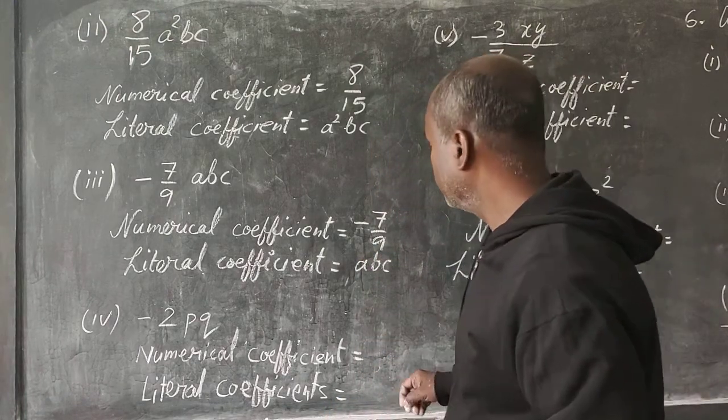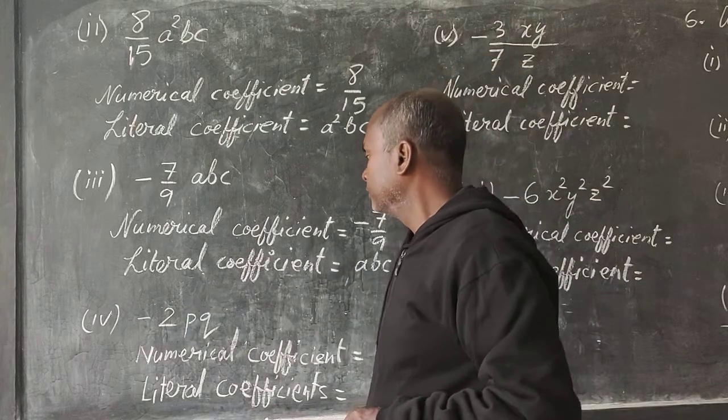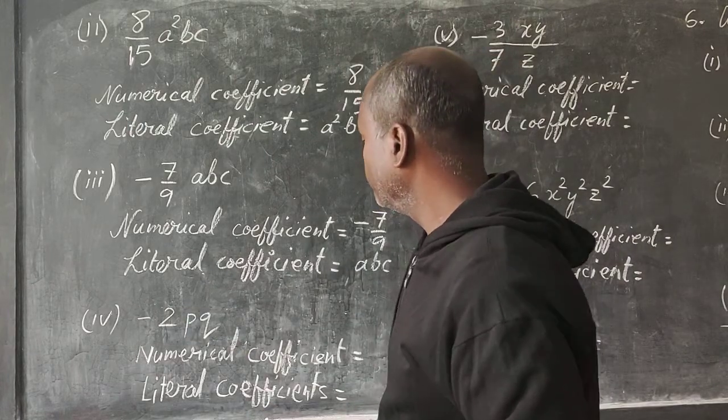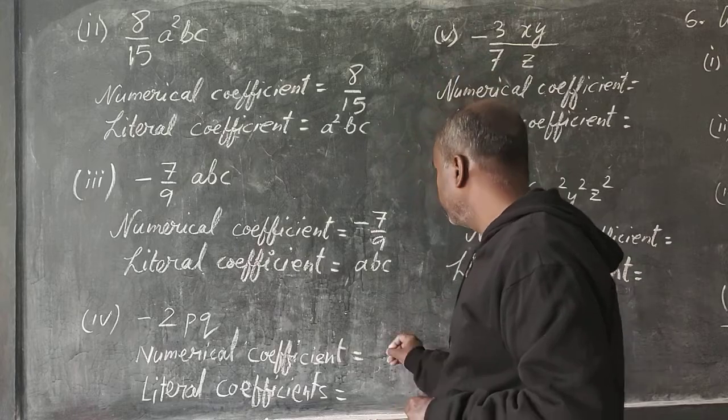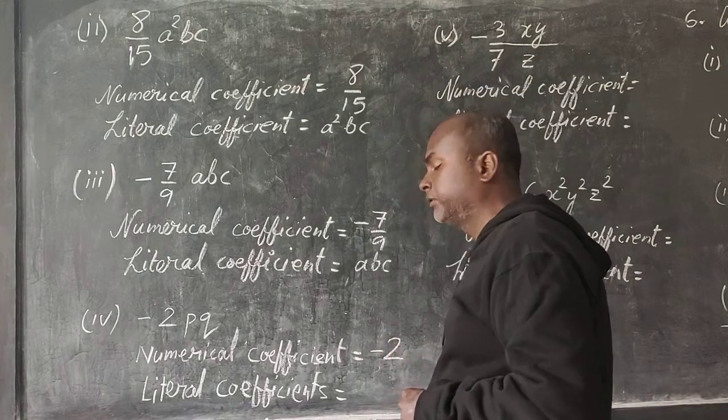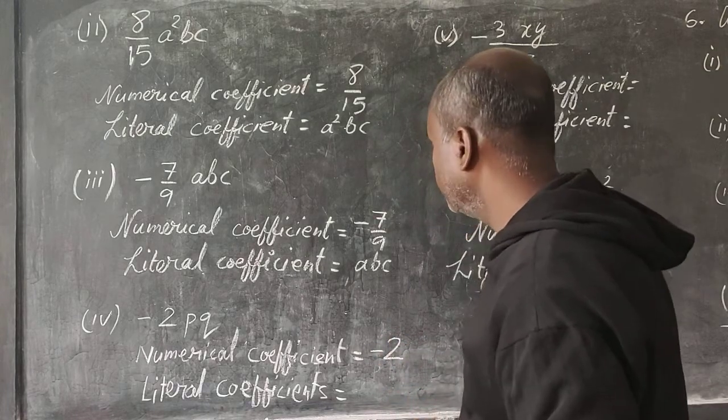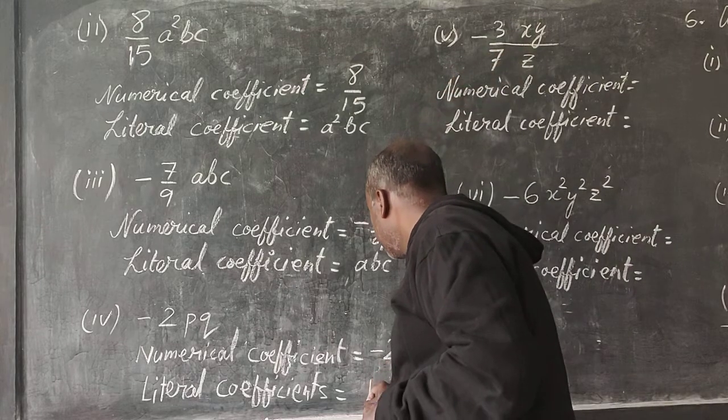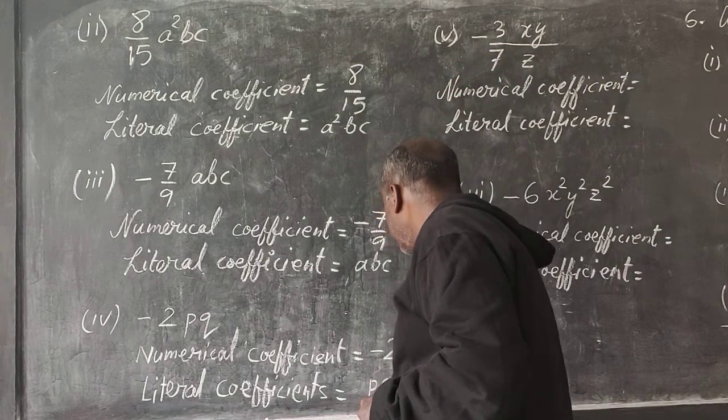This also is easy. You have the expression minus 2pq. The number is plainly visible, it is minus 2, the numerical coefficient, and the literal coefficient is pq.